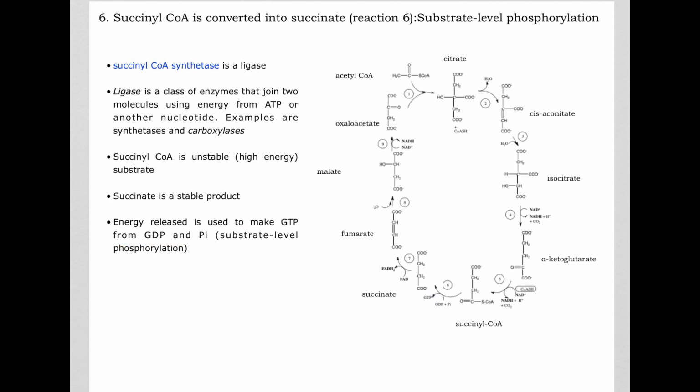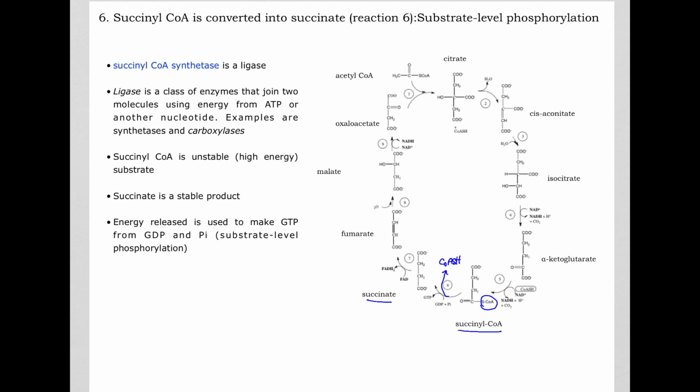The enzyme that catalyzes this reaction is succinyl-CoA synthetase. This enzyme belongs to a family called ligase. So when the succinyl-CoA is converted to succinate, the coenzyme A will also come out as a product.